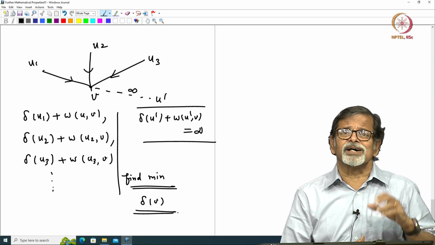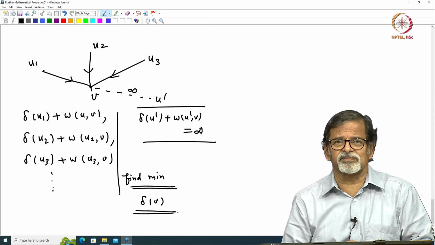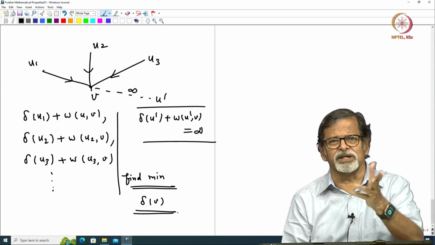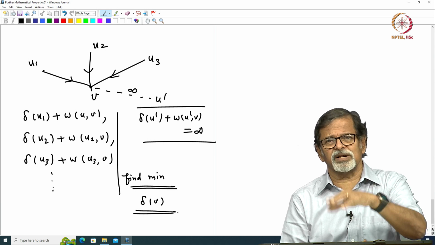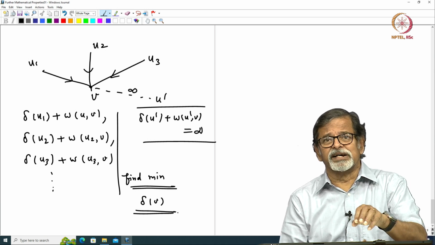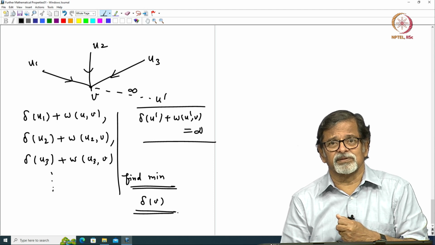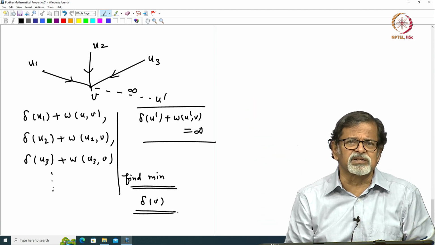Now, if the graph has got no negative cycle, what is delta S? What is the interpretation of delta? What is the meaning of delta? From S, the shortest path to S. Basically it is a closed path, which means it is a cycle. But all cycles have got 0 or positive weight.